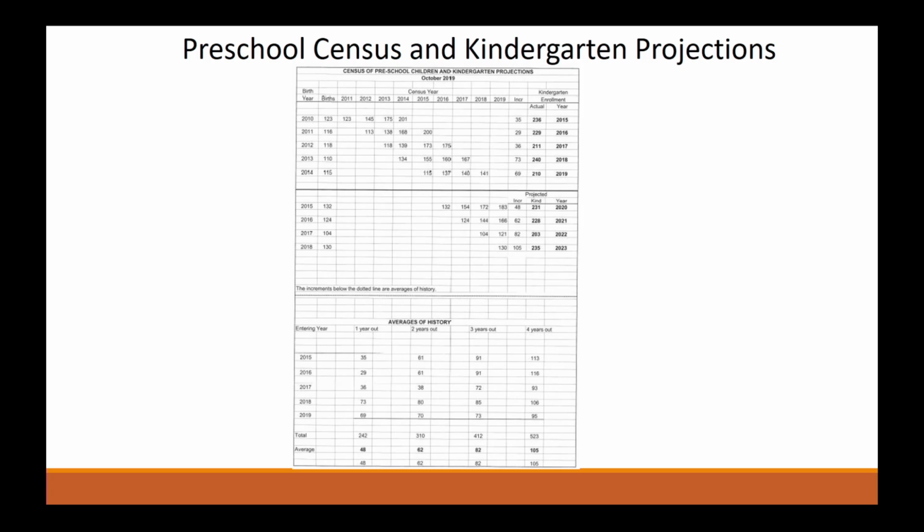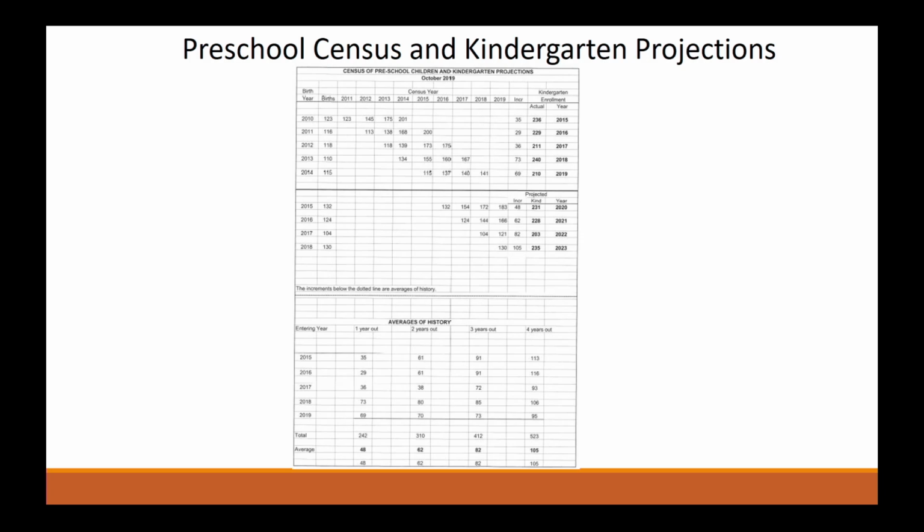We're missing that group. But I feel confident in looking at what I had done the previous years and looking at the numbers that we had gotten from our census, that our projected kindergarten will probably be close to 231 students.